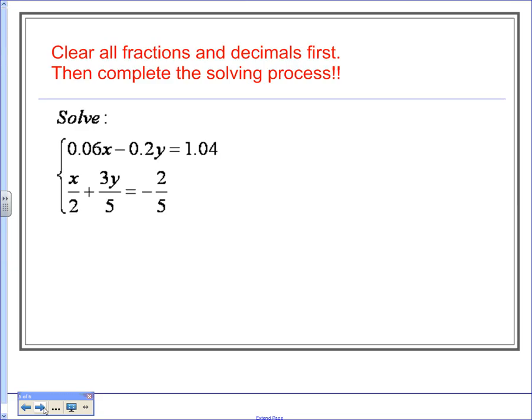Okay. So, equations with fractions and decimals. Have we done ones like this before? Yes, we have. But have they had fractions and decimals? So what you want to do, get rid of any fraction and any decimal, and then solve it like you normally would.